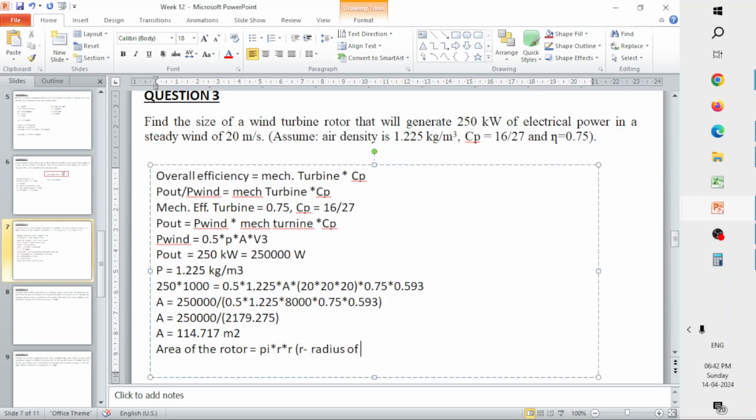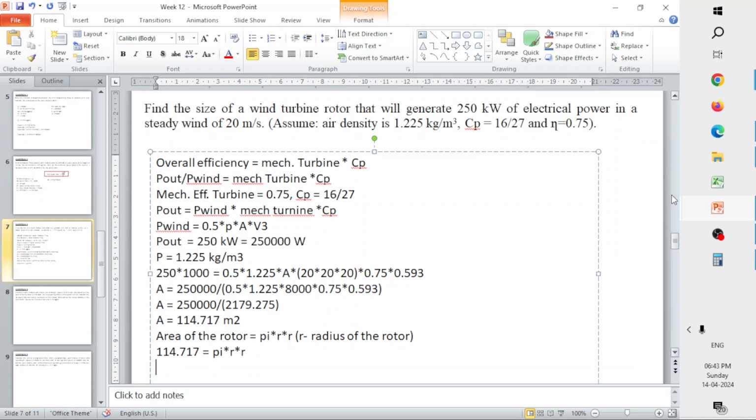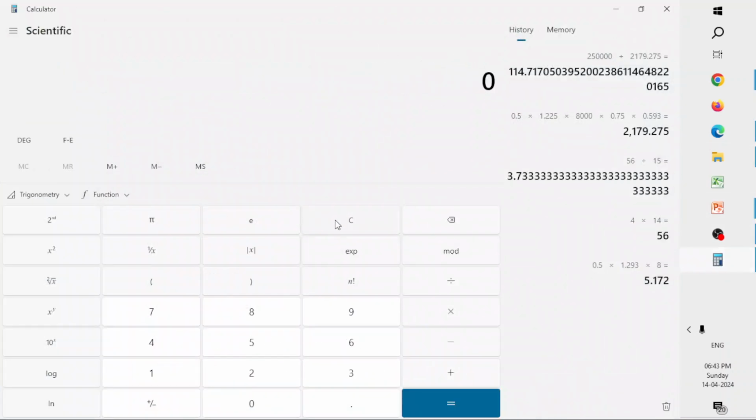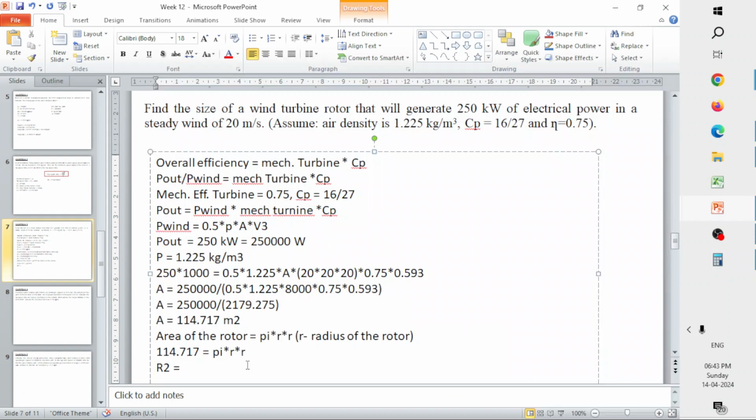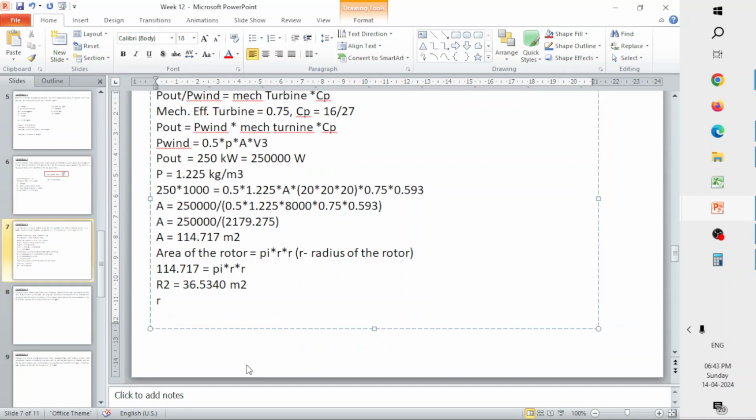So 114.717 is equal to pi times r times r. So r square will be equal to 114.717 divided by pi, which is 36.5340 meter square. The value of r will be the square root of this.